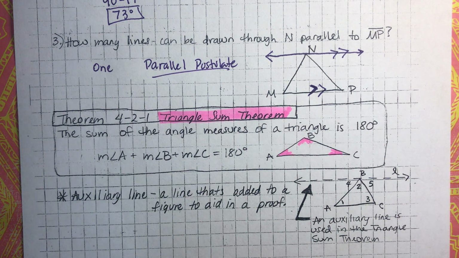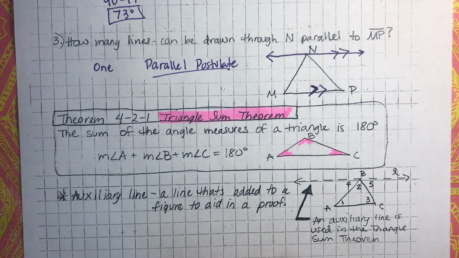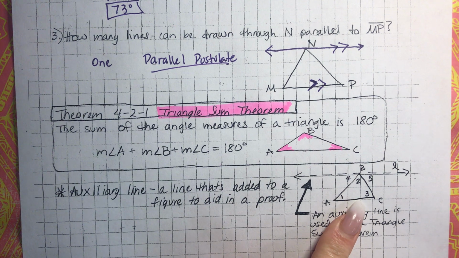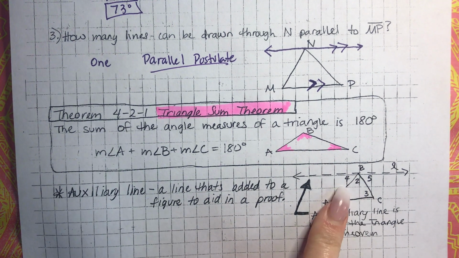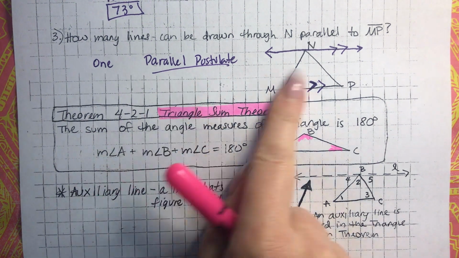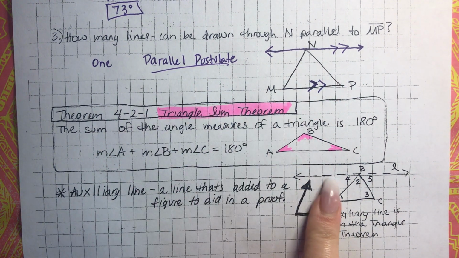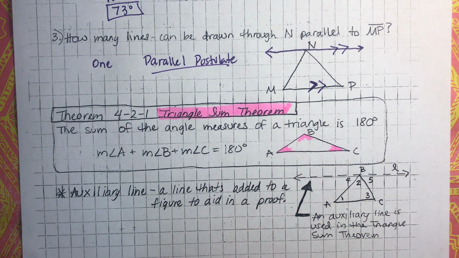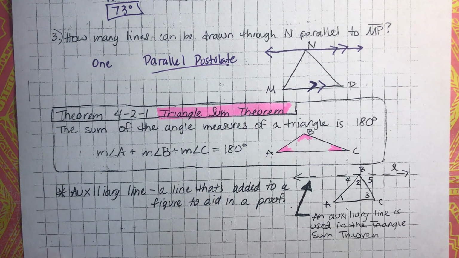Boom, triangle sum theorem. Now, the reason why the triangle sum theorem exists is because of this little triangle here, with angles 1, 2, 3. We're using the idea of the parallel postulate, and we're drawing a line L through B that is parallel to AC.